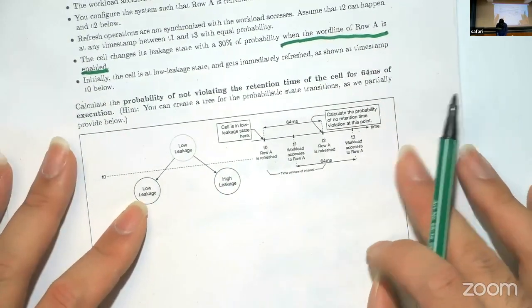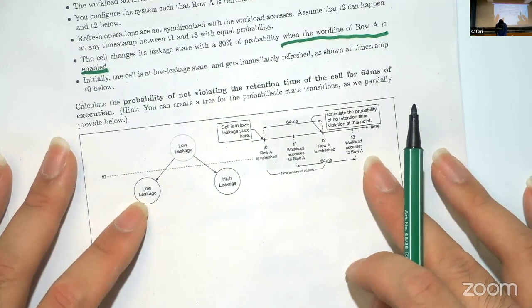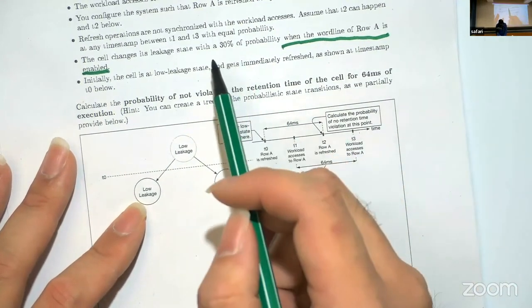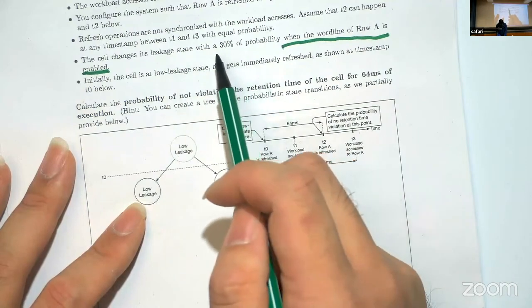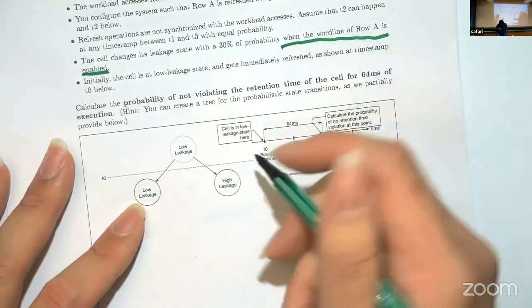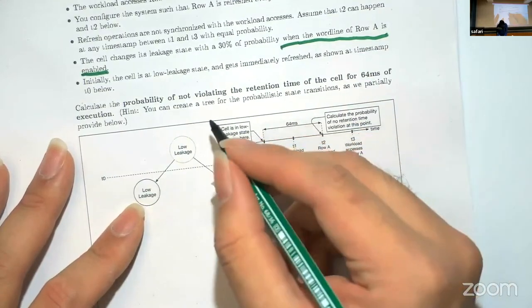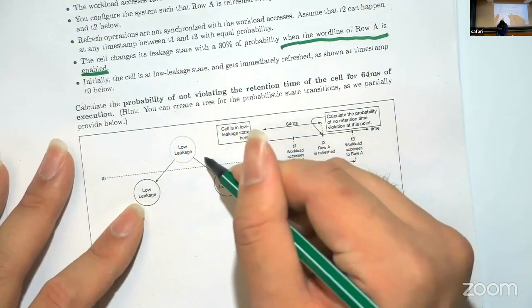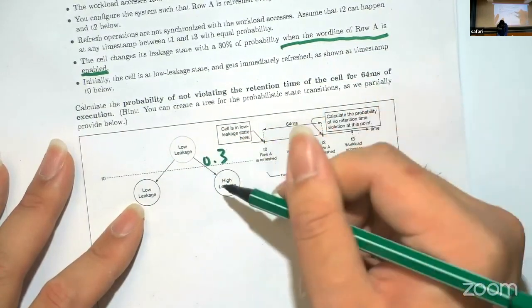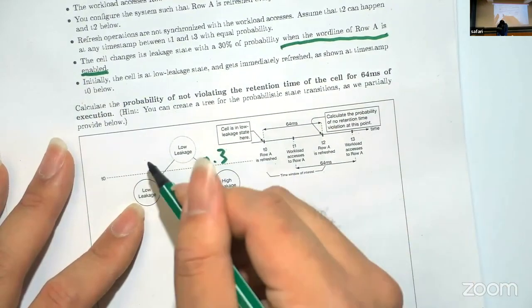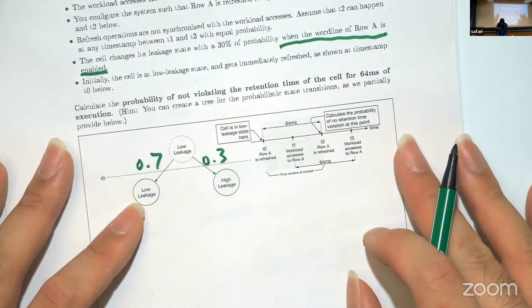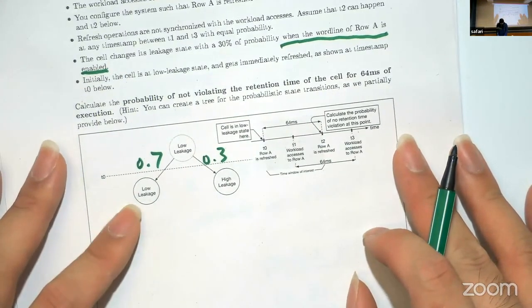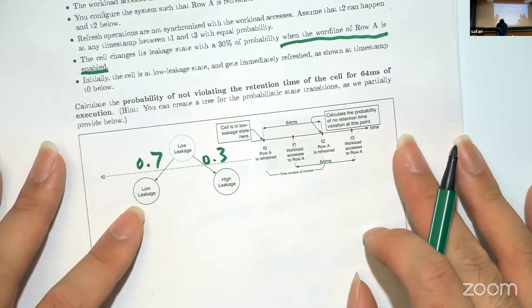Since the state will change with 30% probability, it has a 0.3 chance of going to the high leakage state, and also a 0.7, sorry, 70% chance of staying in the low leakage state.